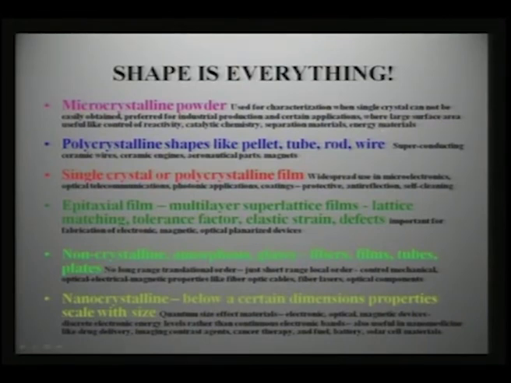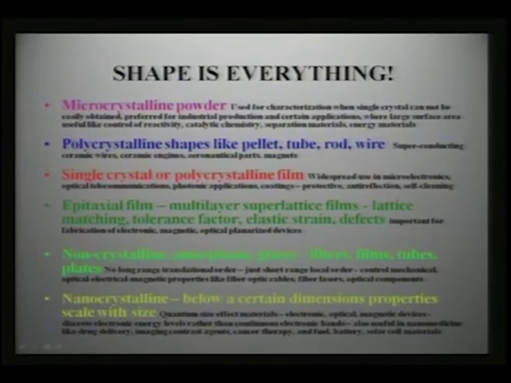Suppose you want polycrystalline shapes like pellet, tube, rod and wire, then we can go in for such chemical processes where we can get that for applications like superconducting ceramic wires, ceramic engines, magnets and so on.